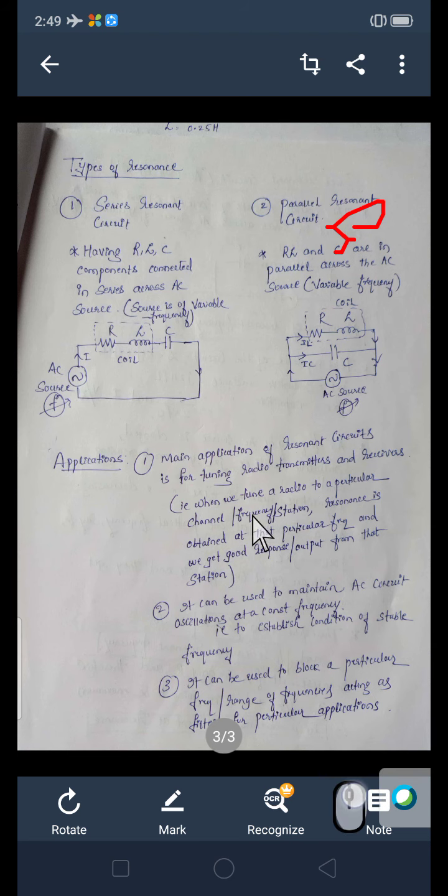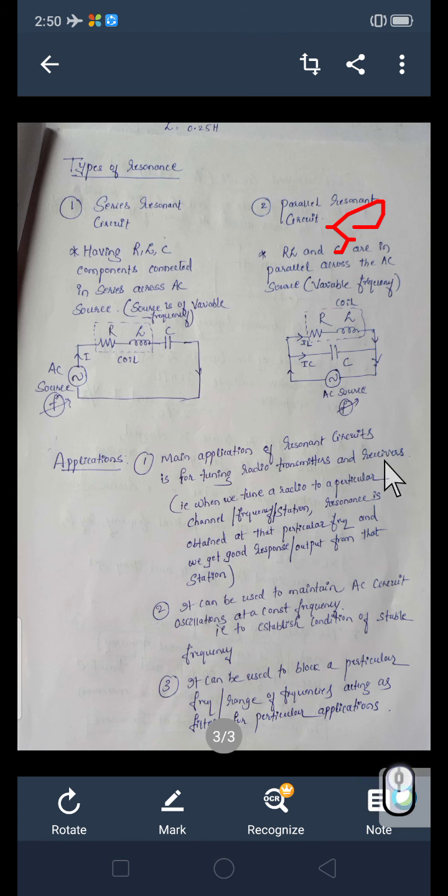Selecting a particular channel means we are selecting a particular frequency. The channel depends on that particular frequency. When you tune your receiver or instrument to a particular frequency, you will get the maximum output at that frequency. Therefore, in general, the main application of a resonant circuit is for tuning radio transmitters and receivers.